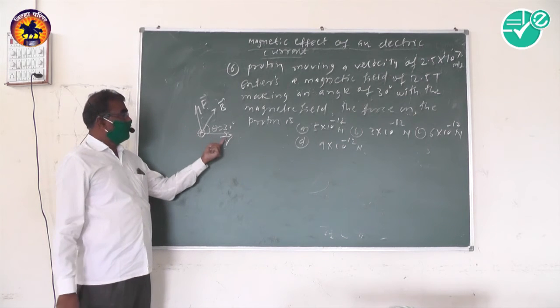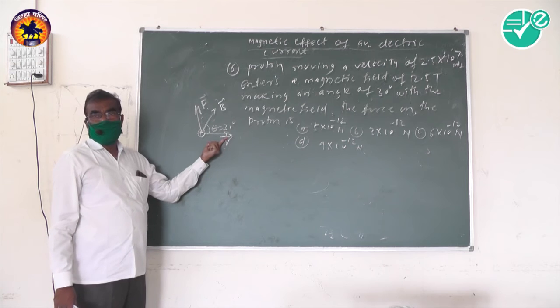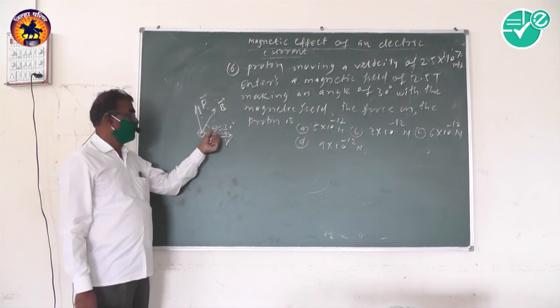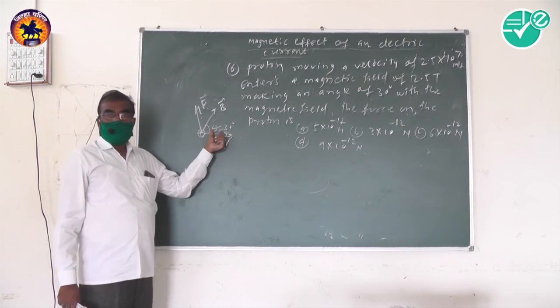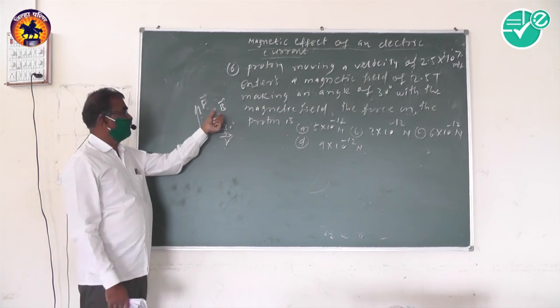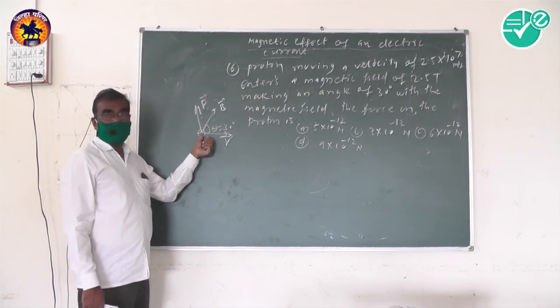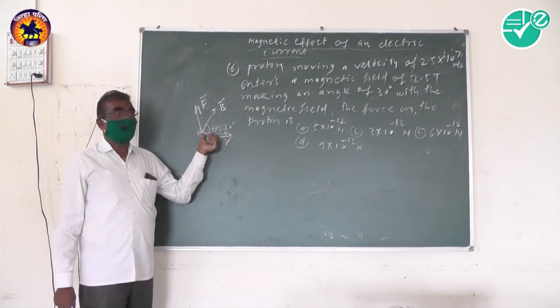If a charge is moving, it produces a magnetic field. Due to the interaction of the two magnetic fields, the moving charge's and the external one, a force will be exerted on the proton.